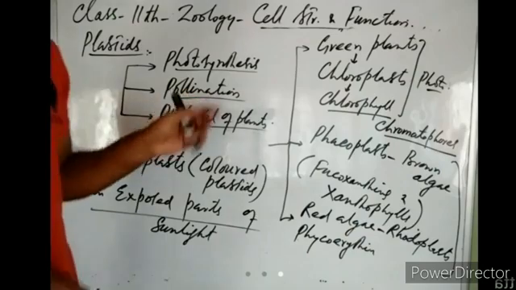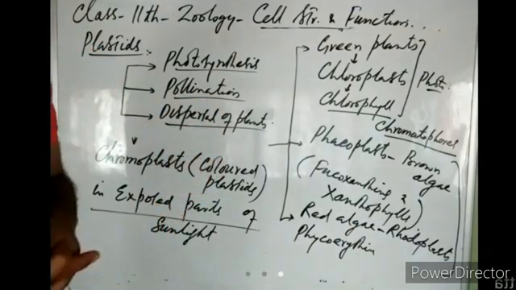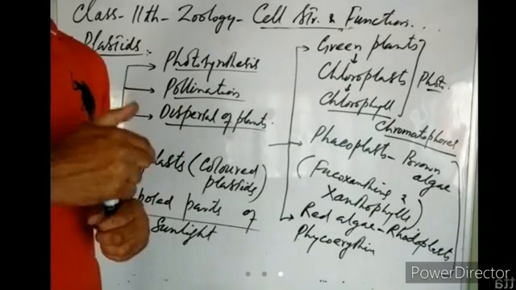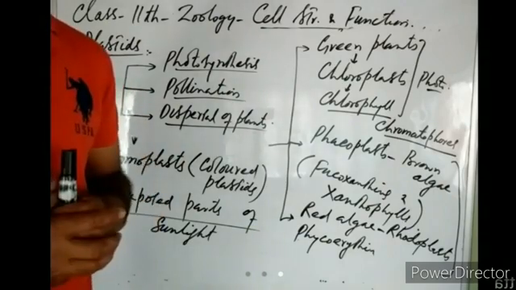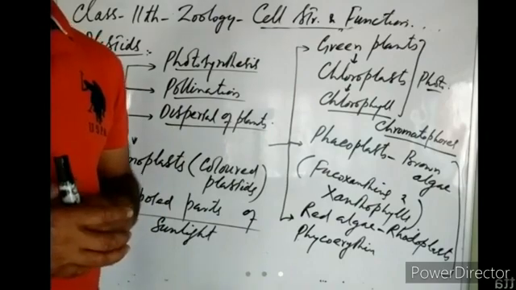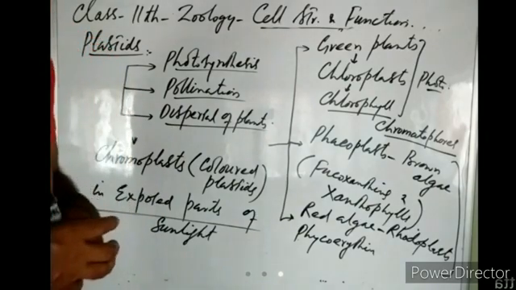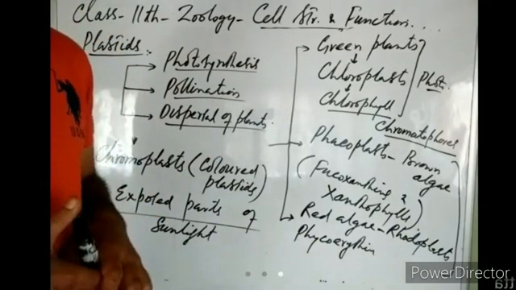Are these plastids interconvertible? Yes, plastids are interconvertible. Sometimes a leucoplast may change into a chromoplast. For example, you may have seen in carrot. Carrot has an orange color, right? That orange color is because of deposition of carotenoid pigments in the leucoplasts of the carrot.